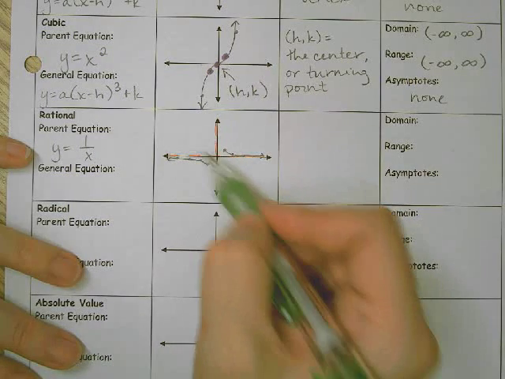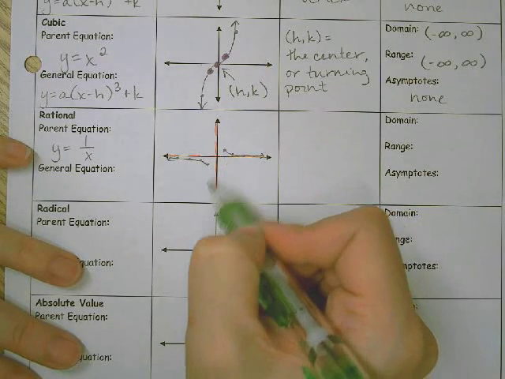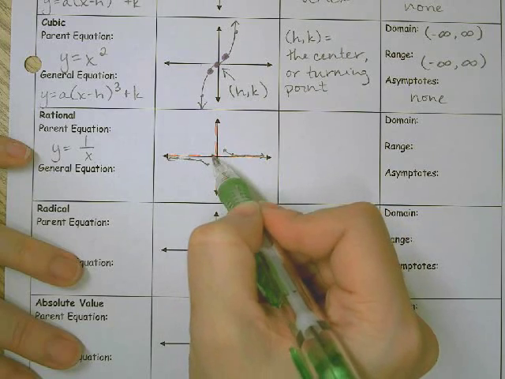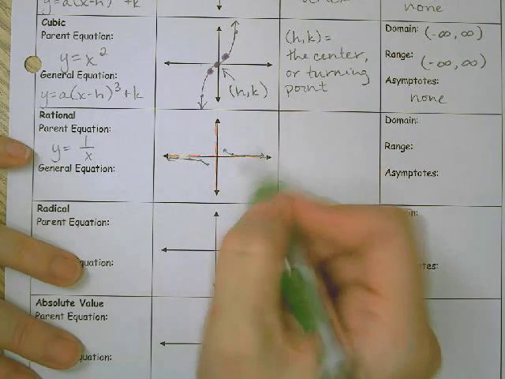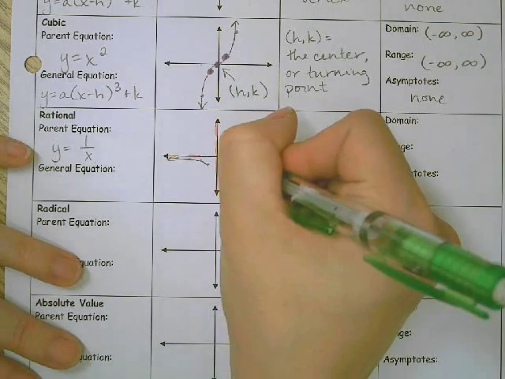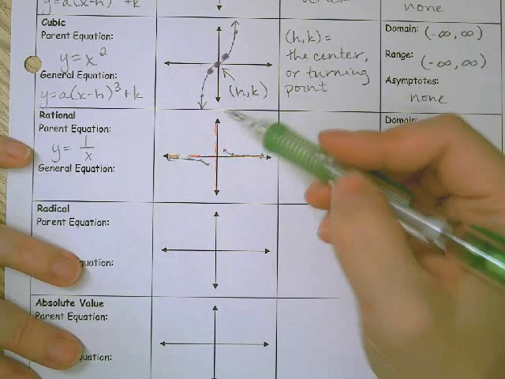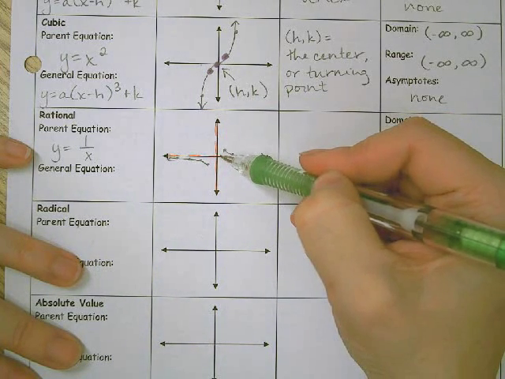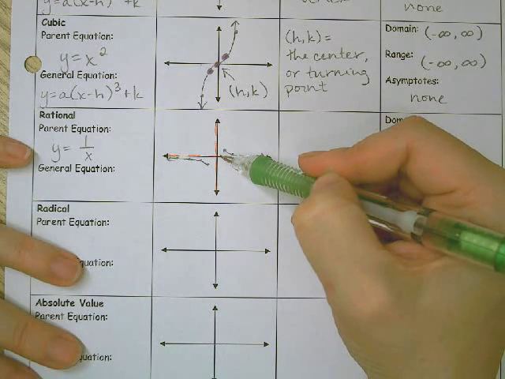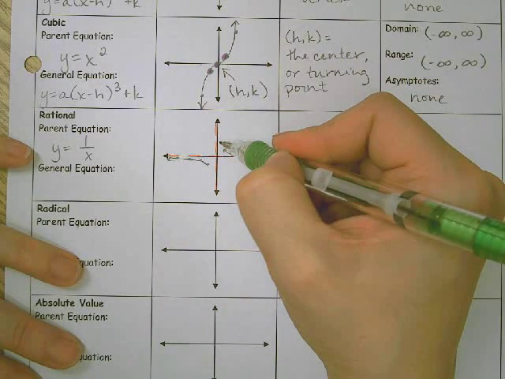What happens in between -1 and 1, you have to look at the values of x that are in between there. So if I look at where x equals 1/2, you can't see that. Where x equals 1/2, 1 divided by 1/2, if I split 1 into halves, I have 2 halves. So this is going to be a value of 2.